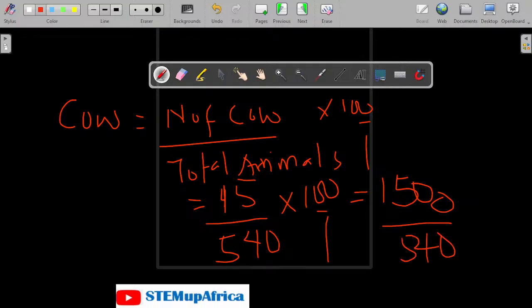That will give us 2.78%. The percentage of cow is 2.78%. I hope that is understood.